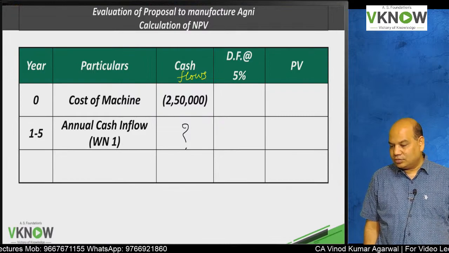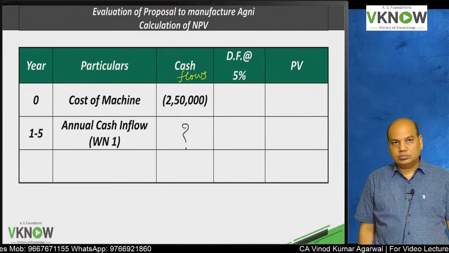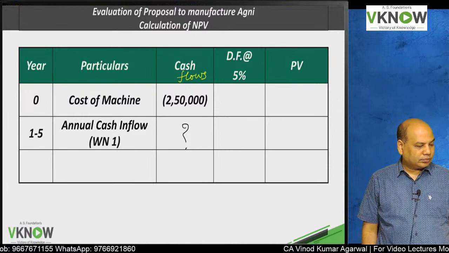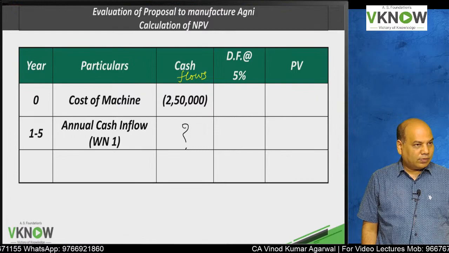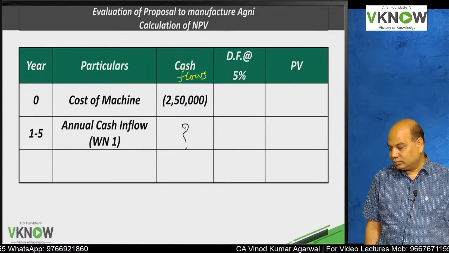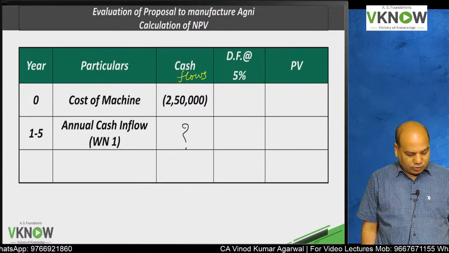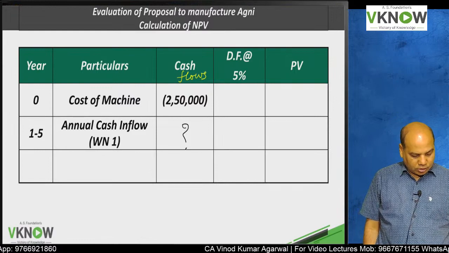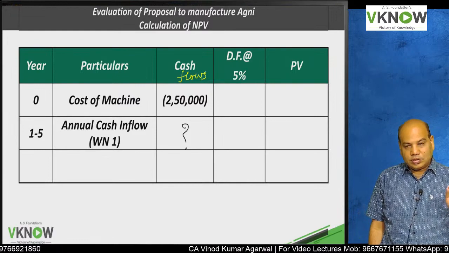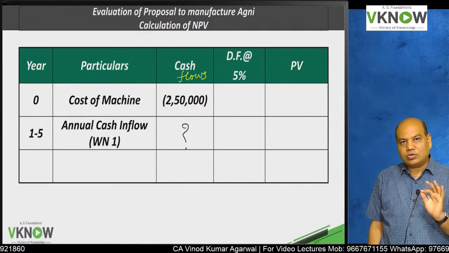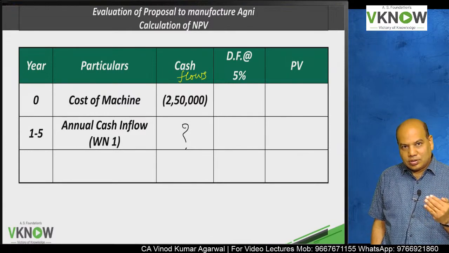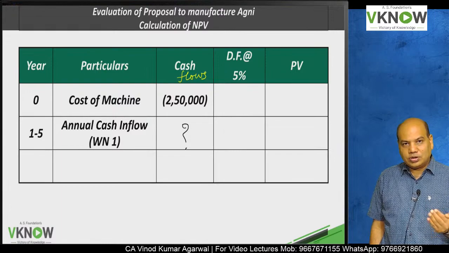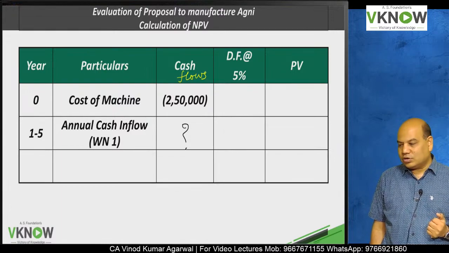Annual cash inflow. Student will reply. If you don't reply, I will not write the answer. Annual cash inflow means sales minus cost, not just sales, because you have to incur the material cost, labor cost, certain overheads also.